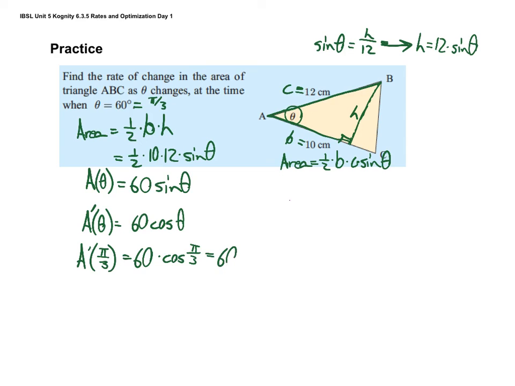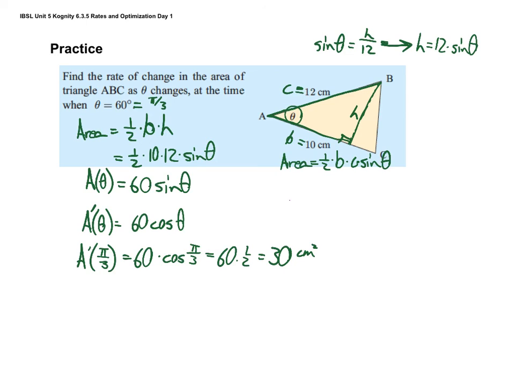So that's 60 times 1/2, which is 30. And be careful with the units. If I'm in centimeters, this is going to be square centimeters. It's a change in area as what changes? As the angle changes.